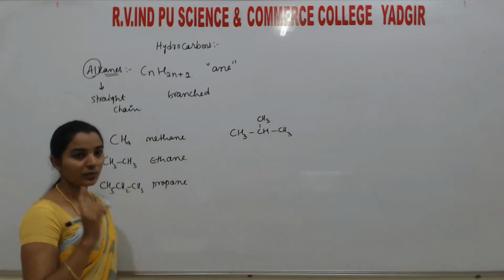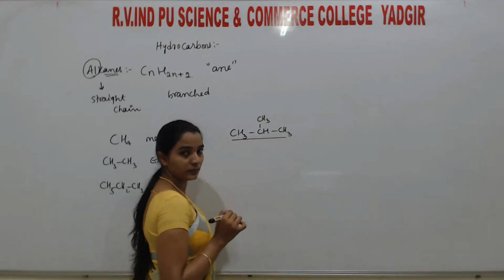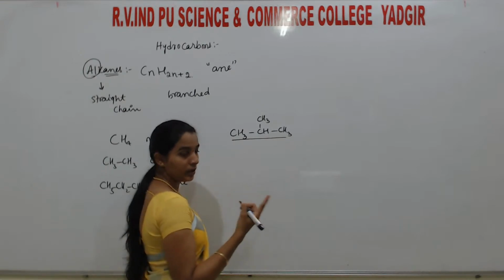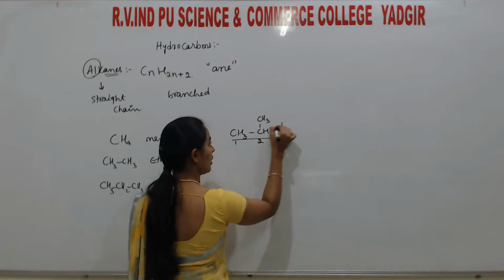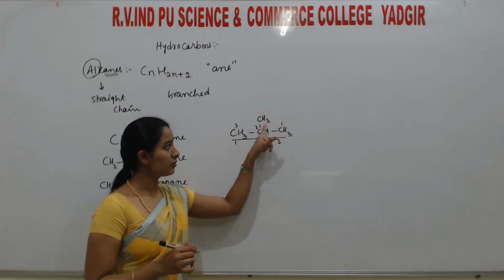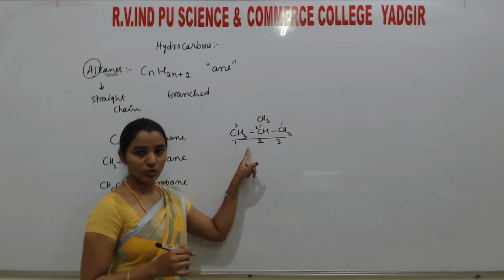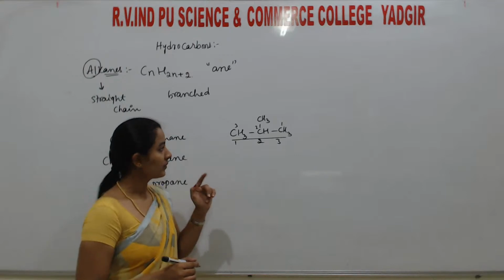Initially, we need to select the parent chain. So this is the parent chain. Next, numbering either from left to right or right to left. It is 1, 2, 3 and 1, 2, 3. In both cases, this substituent will get position 2 only. So numbering from either side is correct. Then this is what?